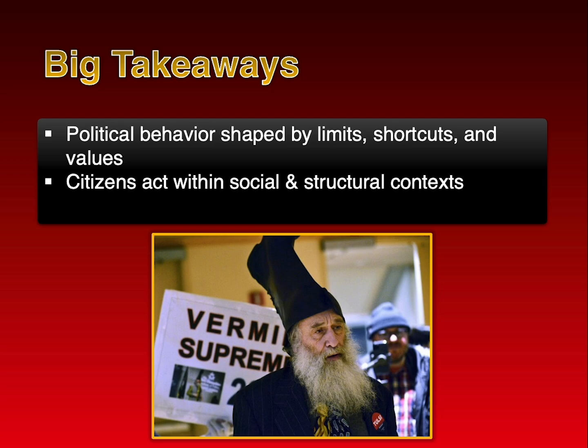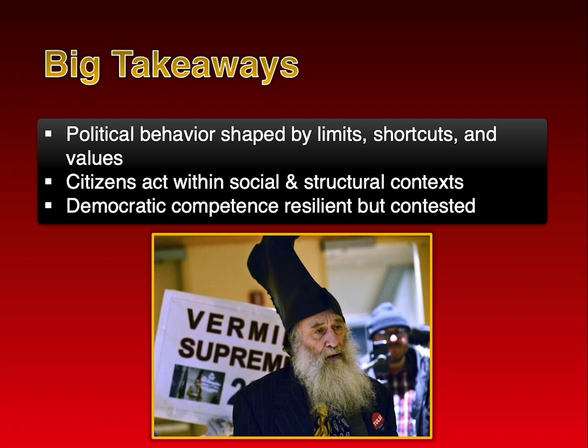While debates over citizen competence remain, and we'll dive into those a lot next week, democracy has, up to this point, proven resilient through aggregation of group opinion and participation, as well as mobilization. These foundations, of course, and ideally, prepare us to examine public opinion, political psychology in more detail throughout the rest of the semester. Thank you so much.